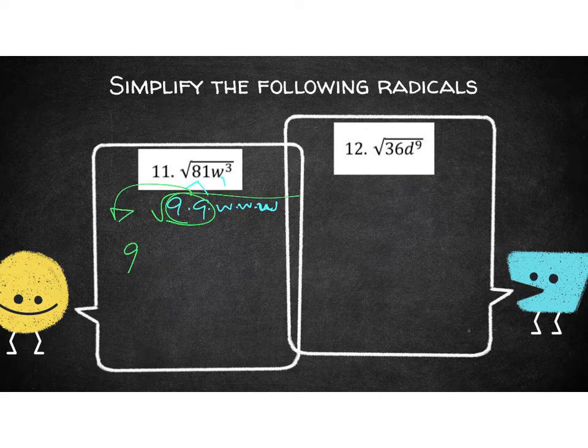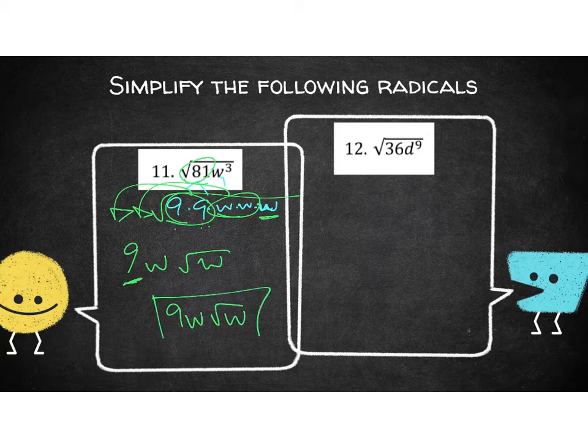If you didn't recognize that, you would have gone down to 3, 3, and then 3 and 3, and you'd bring out a pair of 3s and another pair of 3s, and 3 times 3 gives you that 9. So you end up with the same result. Basically, you're just recognizing 81 itself is a perfect square, and its square root is 9. So I have 9w square root w.